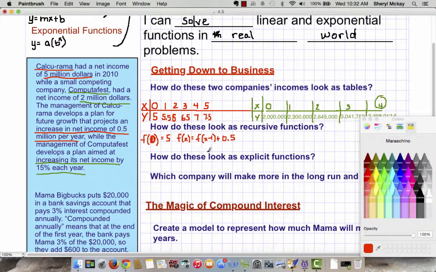Do you see how I created that recursive function? I asked, where am I starting? I'm starting at f of 0. When x is 0, the f of x, or the y, is 5 million.